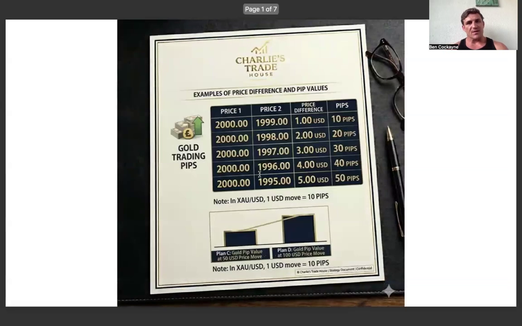If I entered at $2,000 and I'm looking for a buy, so I want price to go higher than $2,000, I would put my stop loss at 1990, because that would be 100 pips below where I entered the market. If price were to drop down and hit 1990, it would bring me out of the market and I would lose X amount of money based on my lot size.